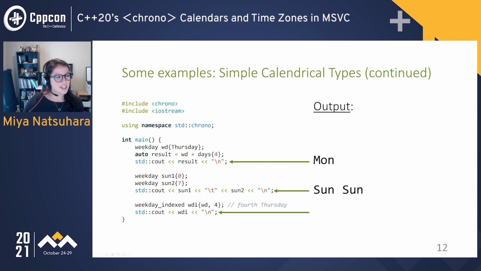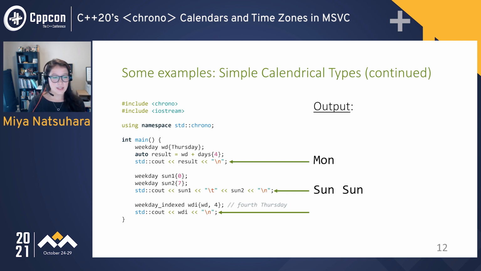This last one down here is a little bit interesting and maybe not super obvious what it is at first. So a weekday index takes a weekday, in this case Thursday that we created up at the top, as well as a 4. And this is just essentially representing the idea of a fourth Thursday of a month. That month isn't specified yet, that year isn't specified yet, so we can't get a specific day, month, year out of this, but this is just representing the idea of a fourth Thursday.